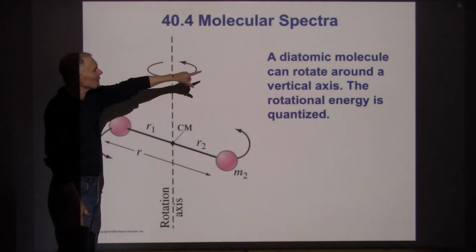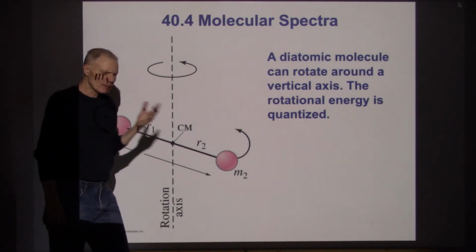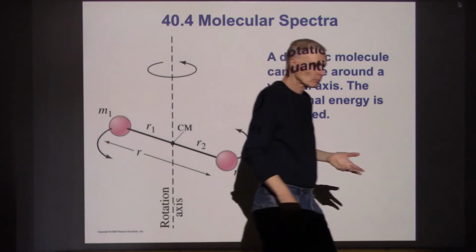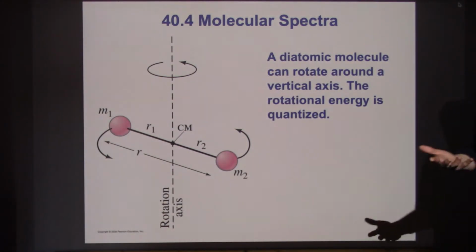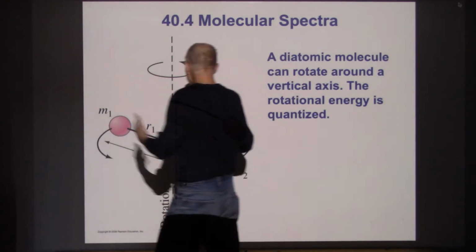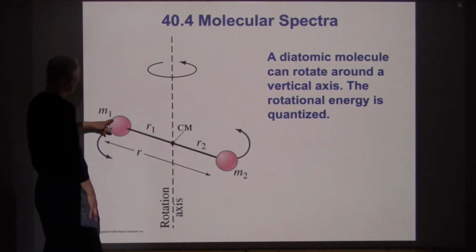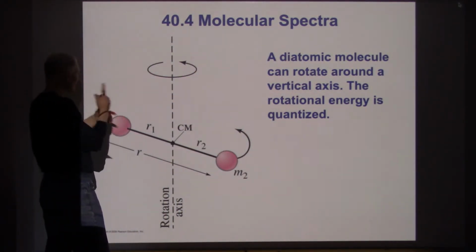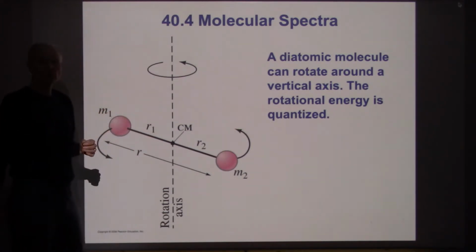If I have a diatomic molecule, so think of this as, well, nitrogen or oxygen in the atmosphere, or carbon monoxide, what I can think of is that this system is going to have rotational energy.